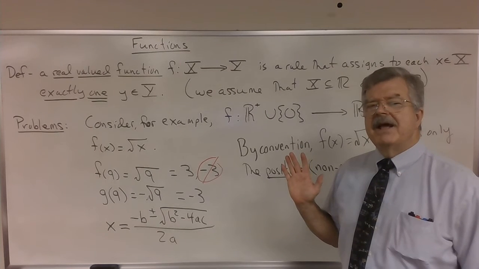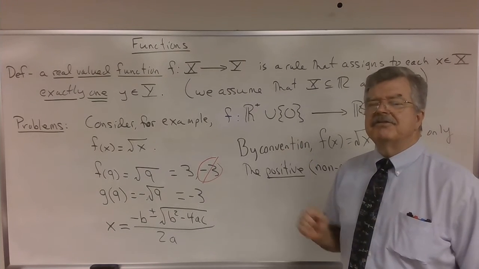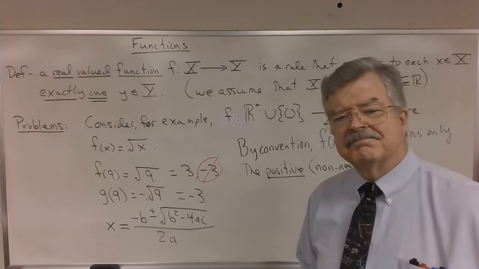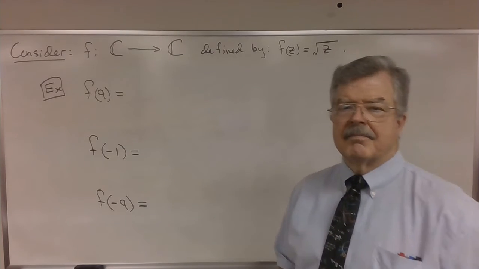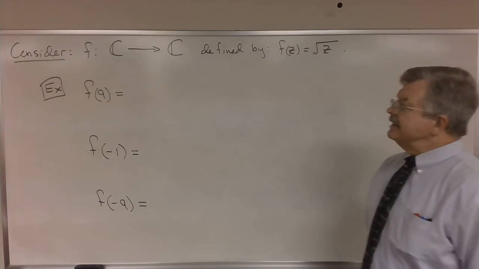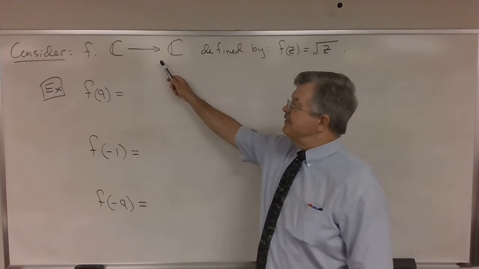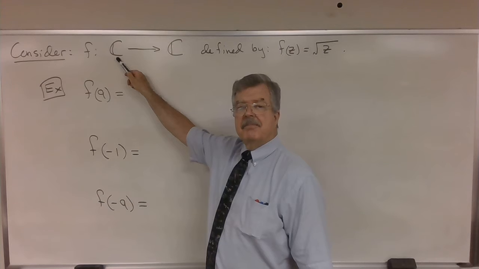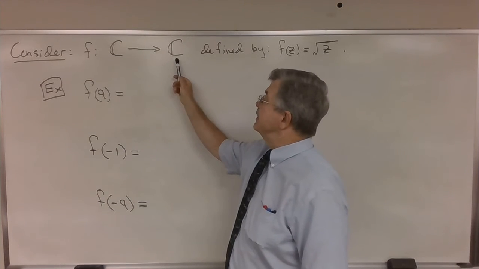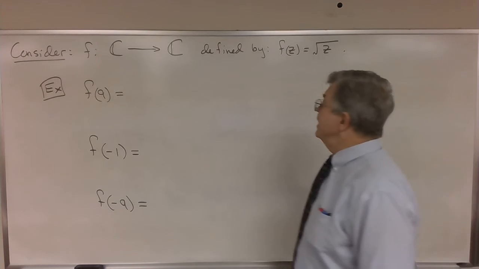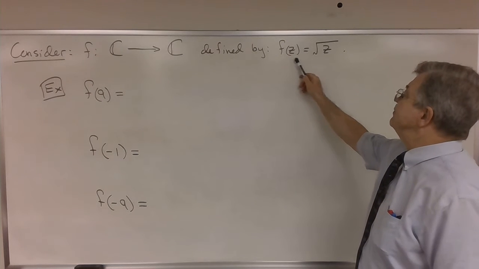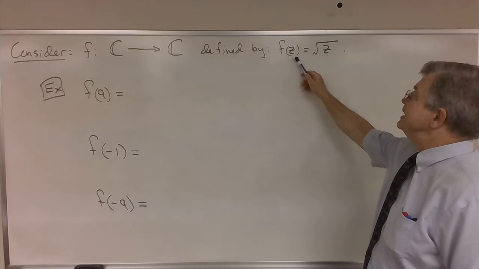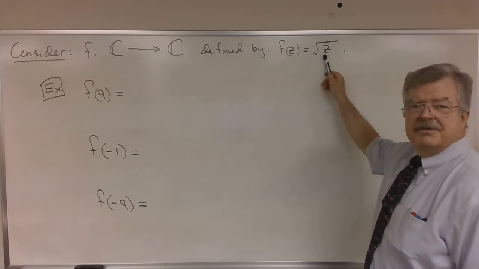But we'll say now that this is a complex valued function. Let's say that f is now a complex valued function. It maps the complex numbers to the complex numbers. And it's defined by f of z equals square root of z.